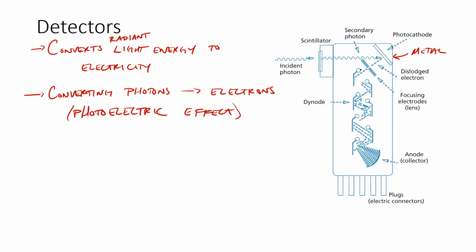And these dynodes, these surfaces here called dynodes, they are a metal that will sort of exchange one electron for two or even three electrons, right? And so you're able to get multiple electrons out for every electron you put in.